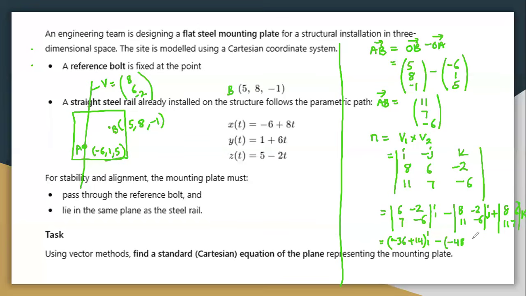The same case, 11 times negative 2 is negative 22, so that will be plus 22 j. Then plus, again, open brackets, 8 times 7 giving us 56, minus 11 times 6, which is 66k.